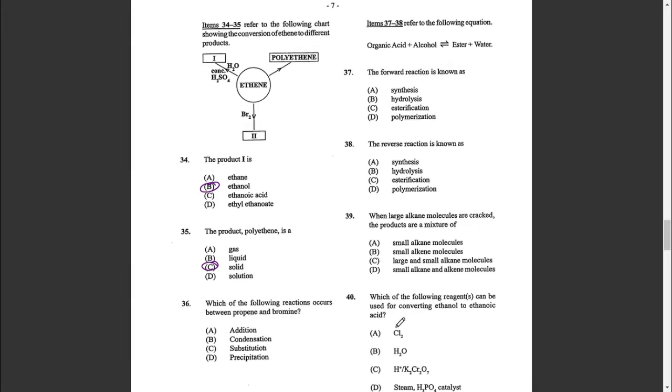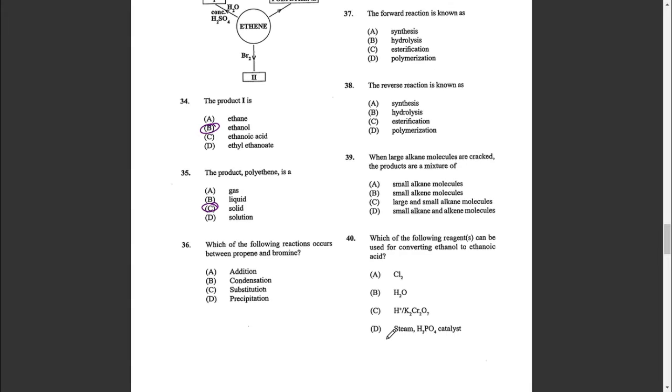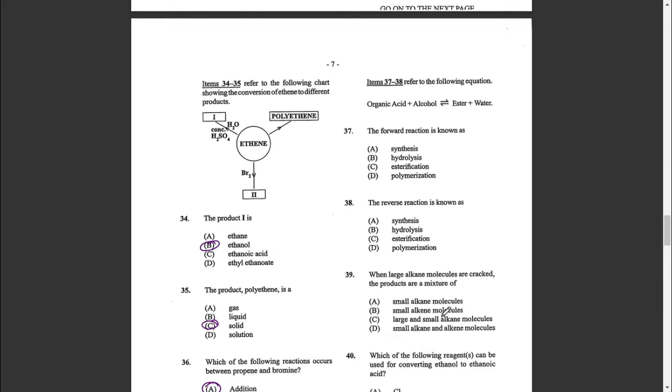36. Which of the following reactions occurs between propene and bromine? Bromine would add across the double bond of propene, so it's an addition reaction. Items 37 to 38 refer to the following equation.